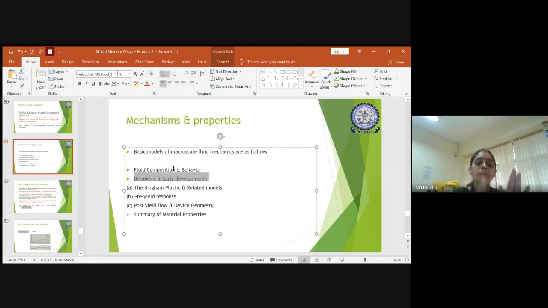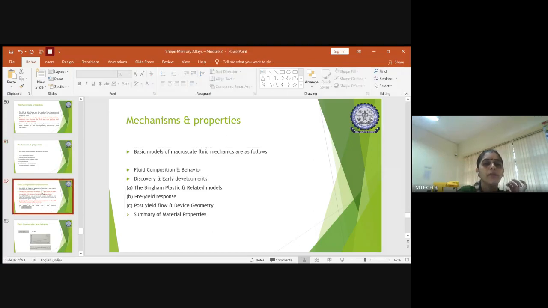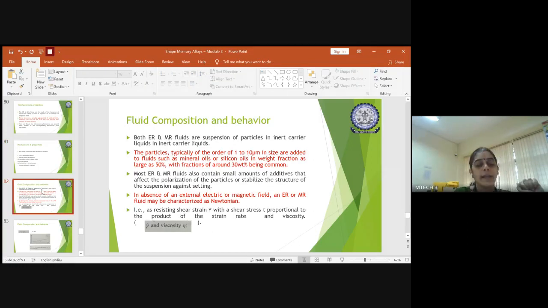If you are able to respond to the question exactly, you will really get full marks. And it's always better to explain with respect to some examples, right? So that the evaluator will put forward more weightage for your answers. So these are the things you have to keep in mind when you're writing an answer, either in an internals or an examination. So with this background, I'm just starting up with fluid composition and its behavior.